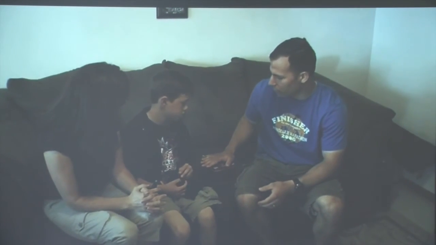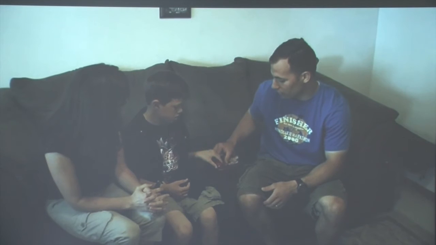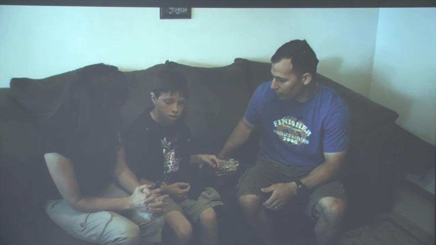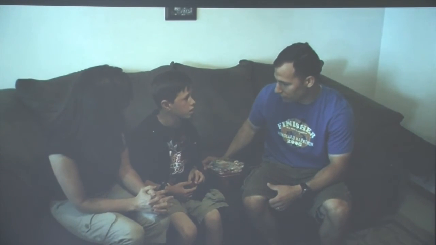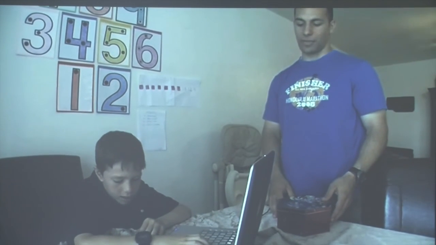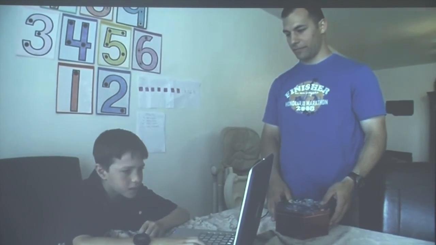Okay, Blake, you can play your computer this afternoon, but when it's time to put it away and clean up the toy room, you need to get up and go clean the toy room, okay? If you don't, we're gonna have to put the computer away for the rest of the afternoon. Okay. Okay, it's time to clean up the toy room. Put your computer away. No, I'm not done yet. Blake, that's talking back.